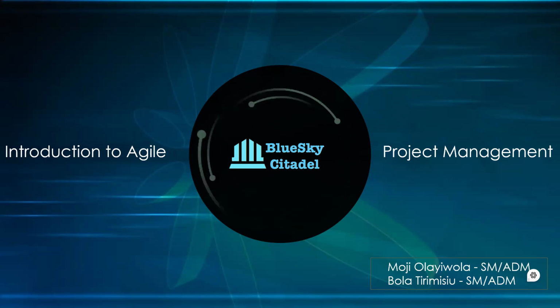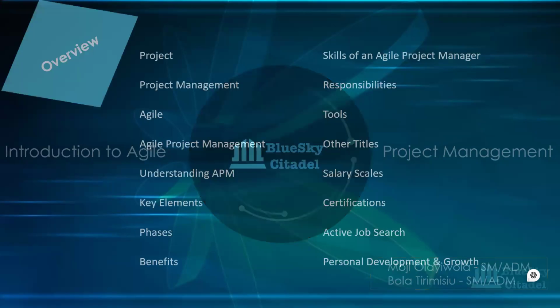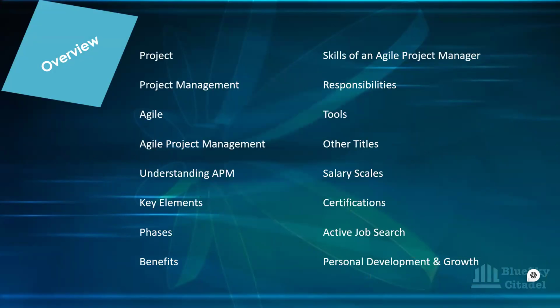So for tonight, we'll be just having a brief discussion into what a project is, what project management means, what Agile means, and then what Agile project management means. So what we did was break it down, for the benefit of those that are hearing project or project management or Agile project management for the first time.